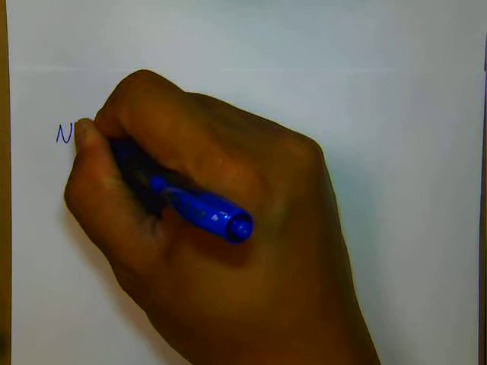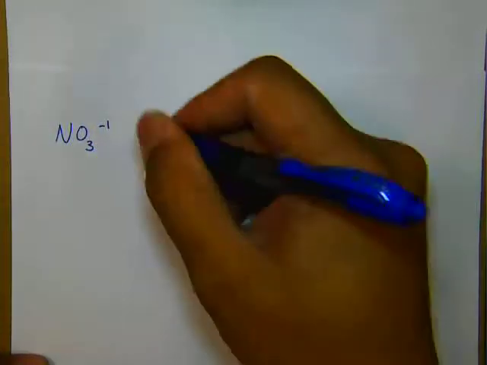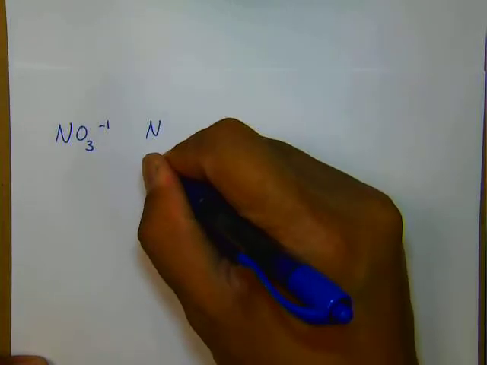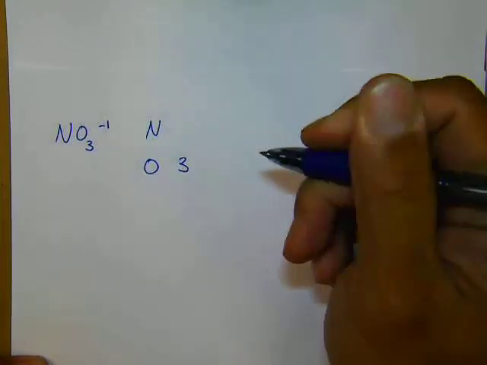All right, the last one we're going to do is a polyatomic ion. We're going to do the polyatomic ion nitrate, which is NO3 minus 1. So let's break this down. There's 1 nitrogen. There are 3 oxygens.